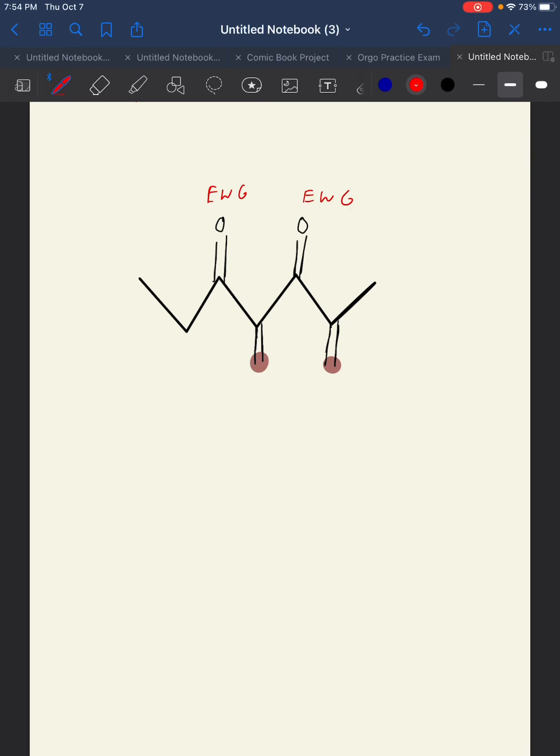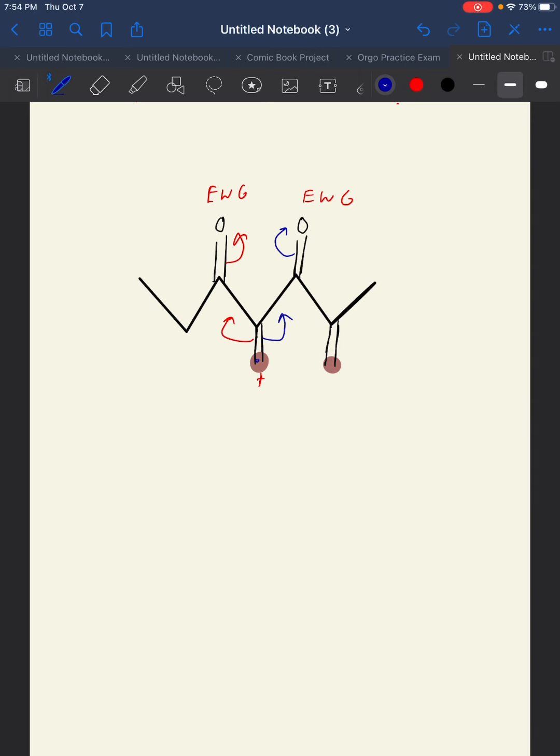So when resonance occurs here, it's making this portion of the carbon very electron deficient. However, we also have resonance that can go this way. So you have two electron withdrawing groups taking electrons from this carbon right here. That's making that positive charge very unstable and very electron deficient.